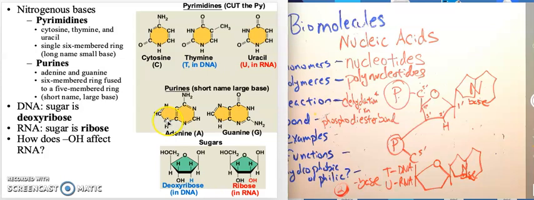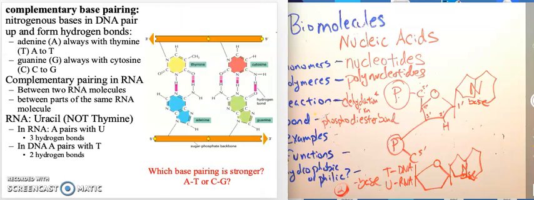A pyrimidine base always matches up with a purine base, and this is called complementary base pairing. An A in DNA always matches up with a T in DNA. A matches with T, and a C in DNA always matches with a G in DNA. C and G go together.